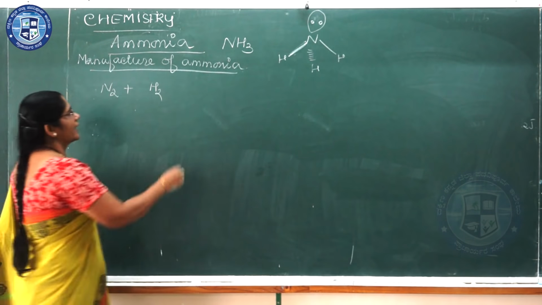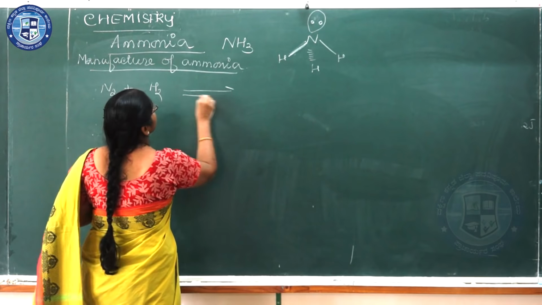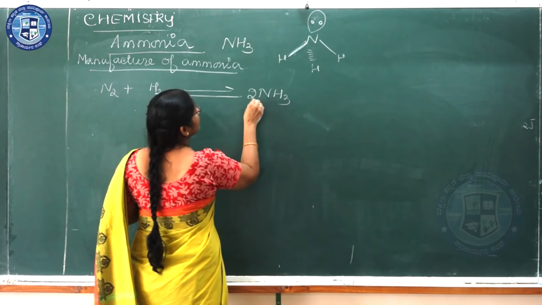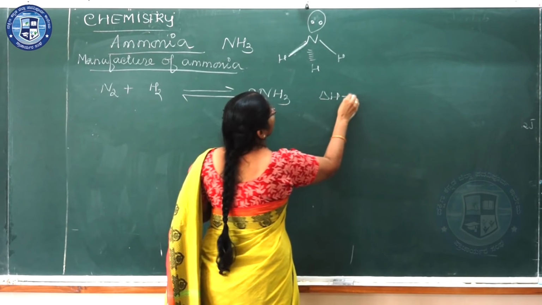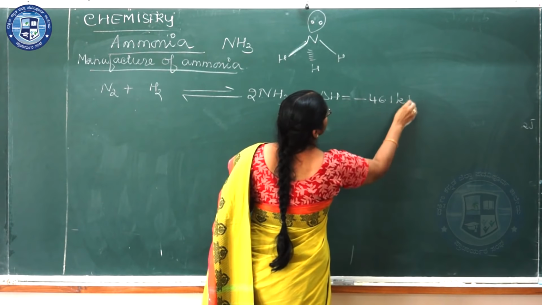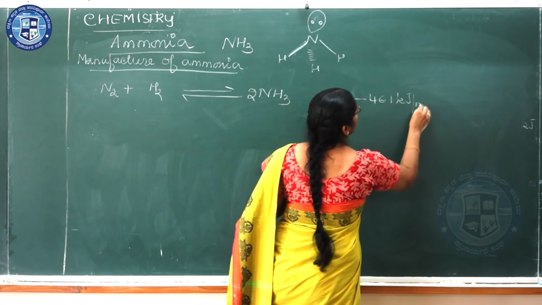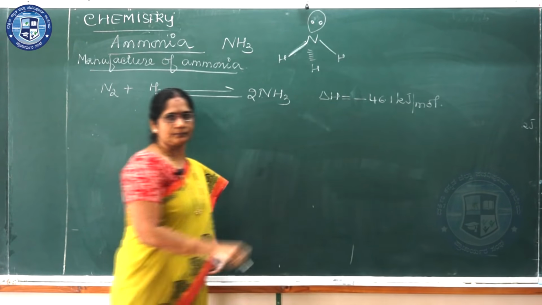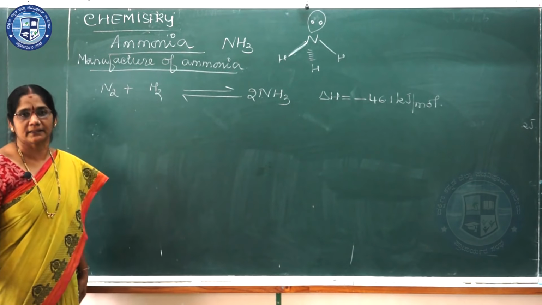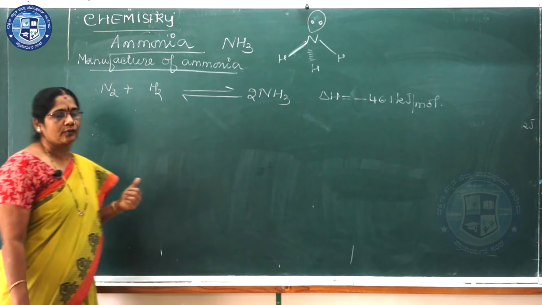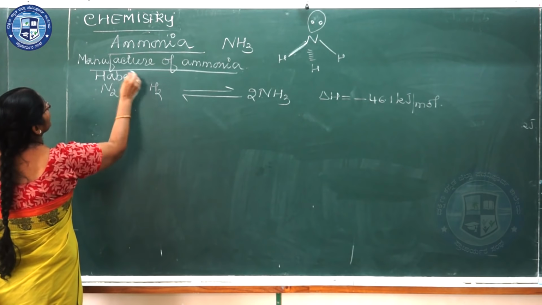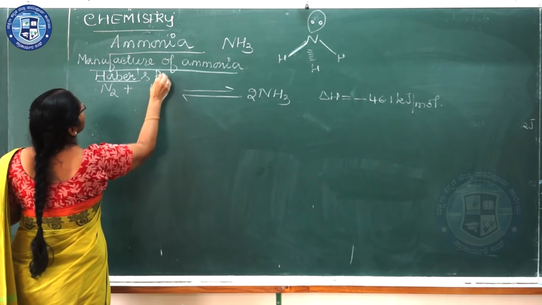Nitrogen, when it reacts with hydrogen, gives ammonia with the liberation of 46.1 kilojoules per mole of heat. The two scientists got the Nobel Prize for this method of manufacture of ammonia, and that is why it is called the Haber-Bosch process or Haber's process.